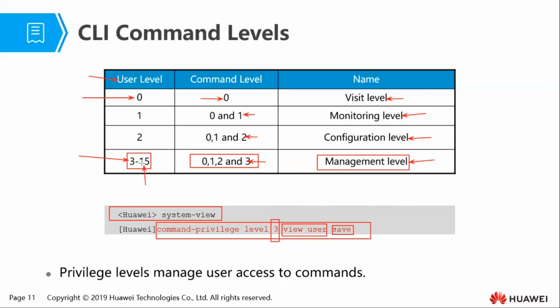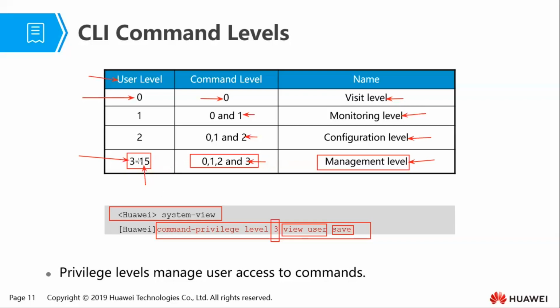So to avoid that, the ICT manager might have a level of 15, and maybe the deputy a level of 14, so that at no point can the deputy remove this person whose level is 15.